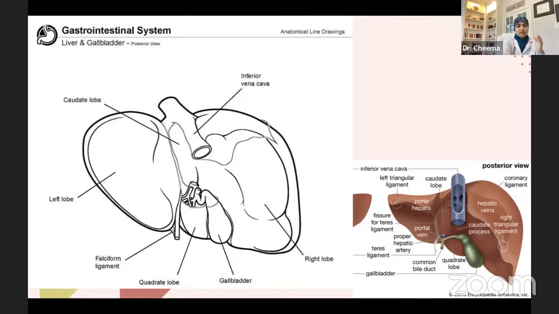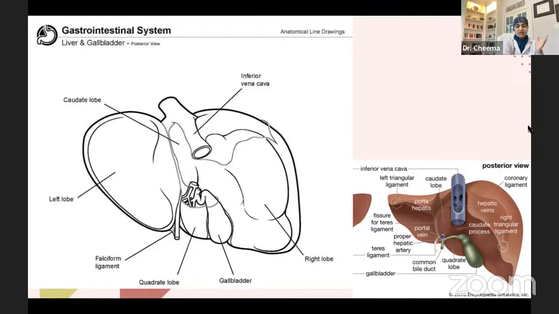And from an embryological standpoint, the liver grows as a ventral diverticulum of the junction of the foregut and the midgut into the ventral mesogastrium. That is the caudal part of the septum transversum, and the cranial part forms the diaphragm. So this is just briefly the embryology of the liver.